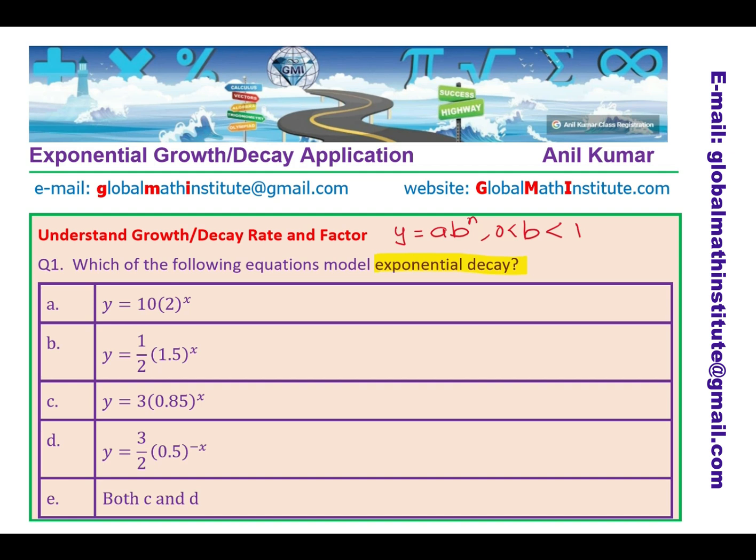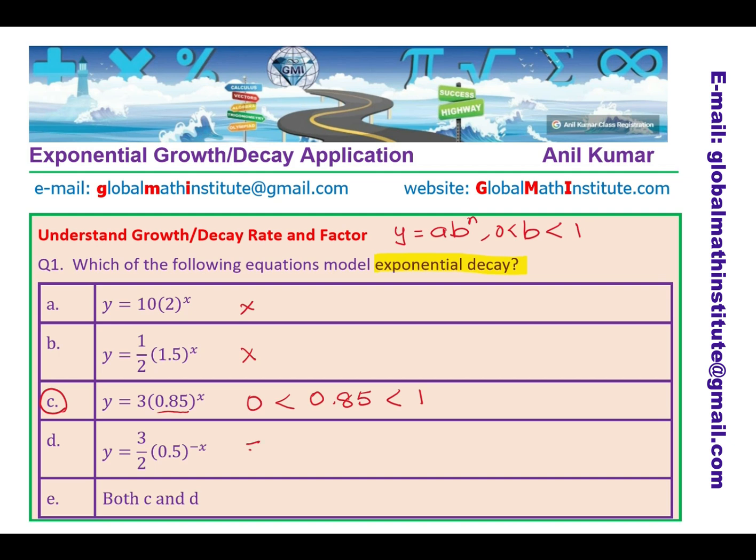Now, here clearly, 1.5 is not an exponential decay, but 0.85 is an exponential decay, right? Since 0.85 is less than 1 and greater than 0, correct? Part D is y equals 3 by 2 times 0.5, but the exponent is minus x.